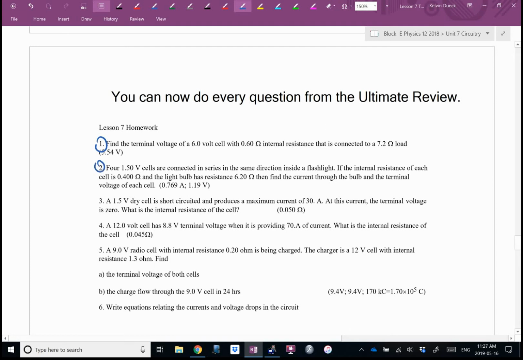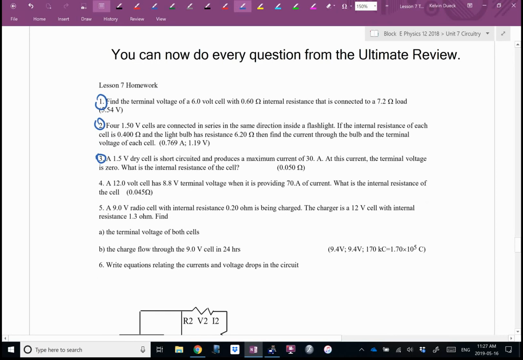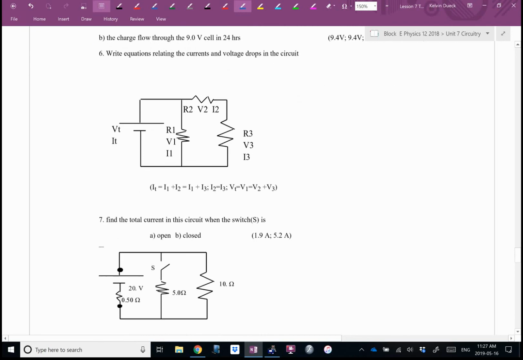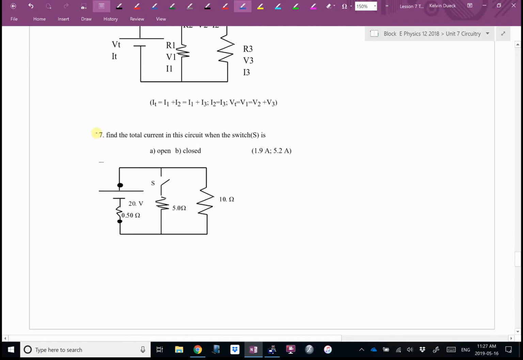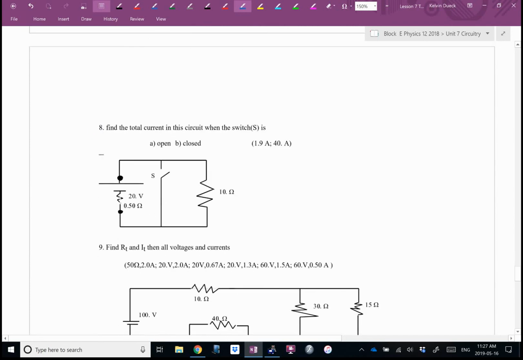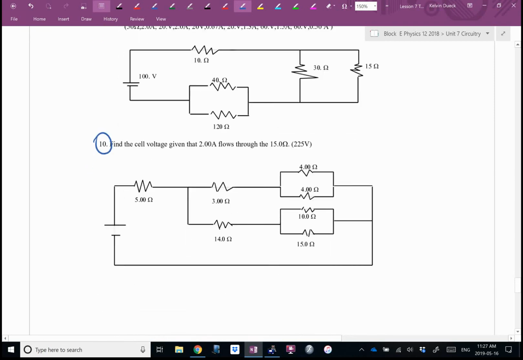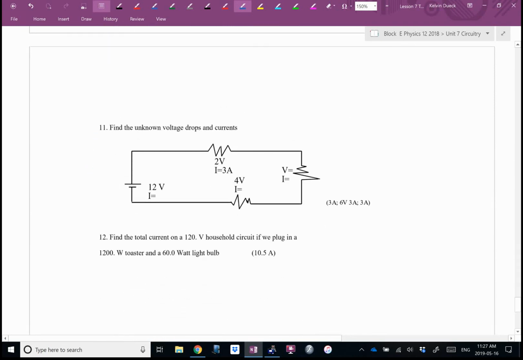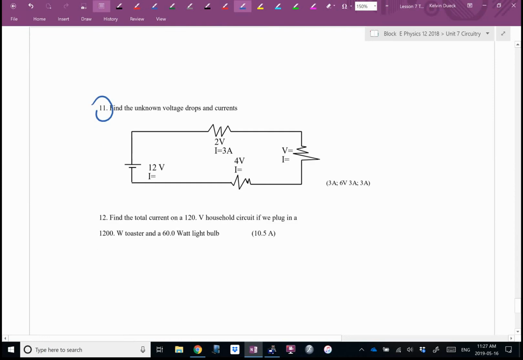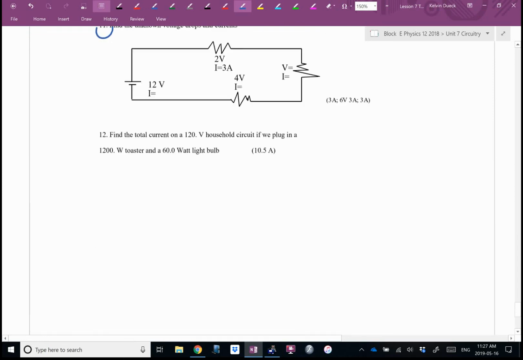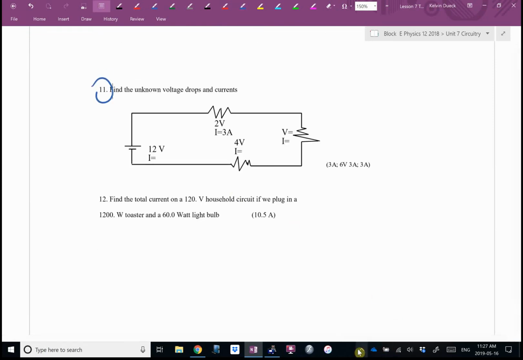Number 2, I would sketch that out. 3 is good. 4 is good. Skip 5, skip 6. 7 is good. 8 is good. 9 is good. 10 is good. And 11. Skip 12. Okay. And that's circuitry, my angels.